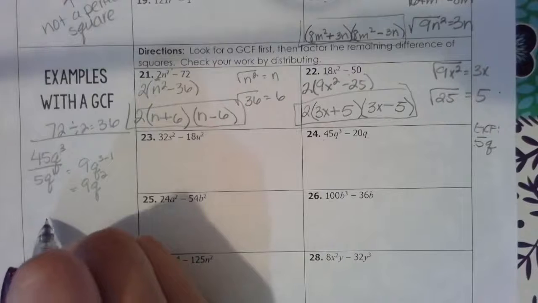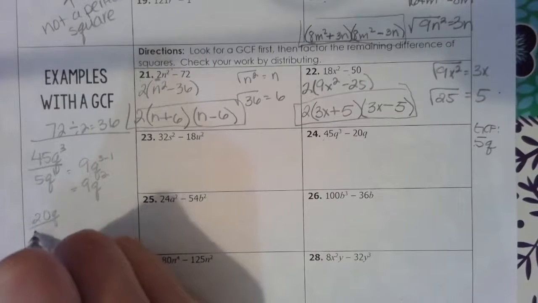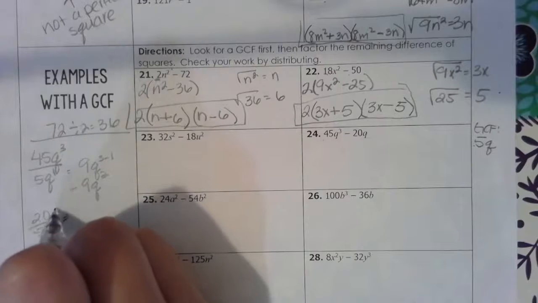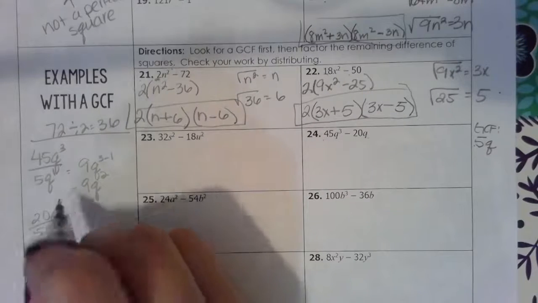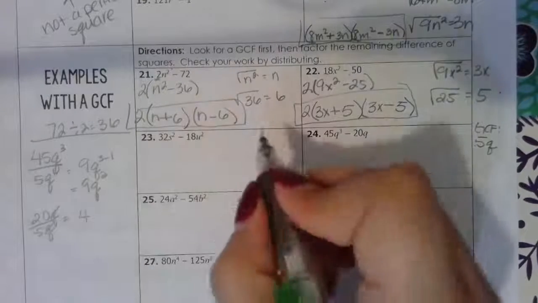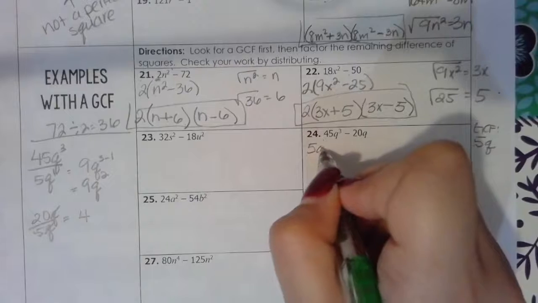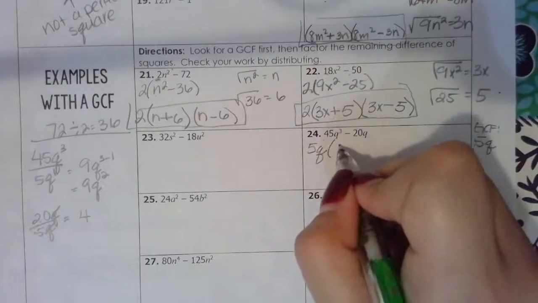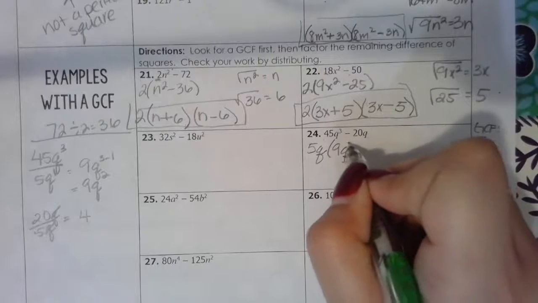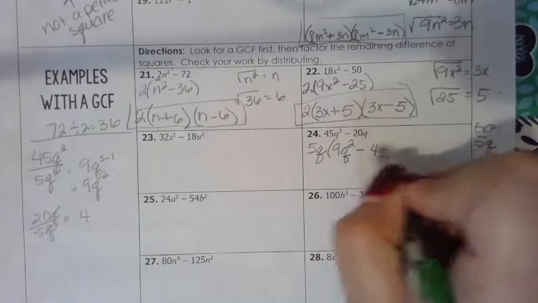And then you take that second one, 20q, divided by 5q. Since we have q on top and bottom, they cancel out to 1. And then 20 divided by 5 gives you exactly 4. So you factored out a 5q, and the first term left you with 9q squared. And the second term left you with a 4, and we had subtraction.